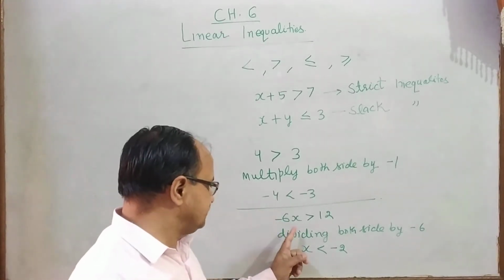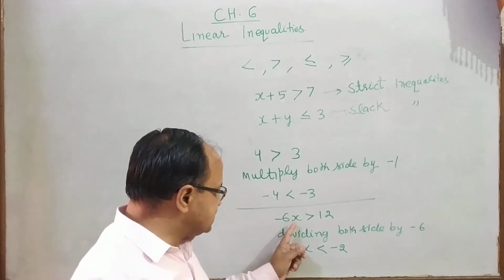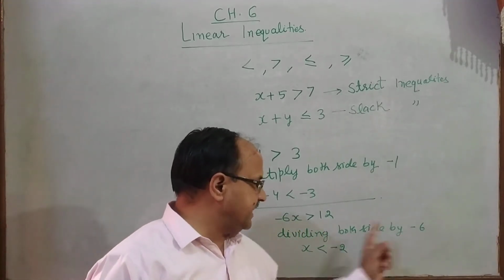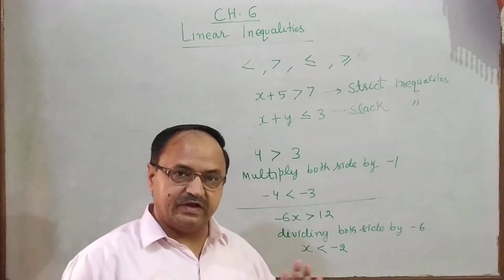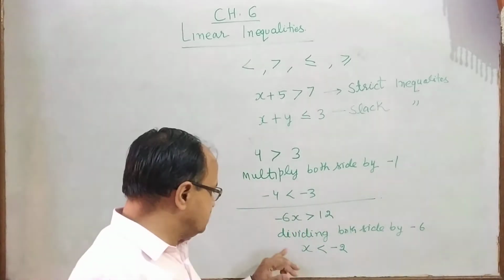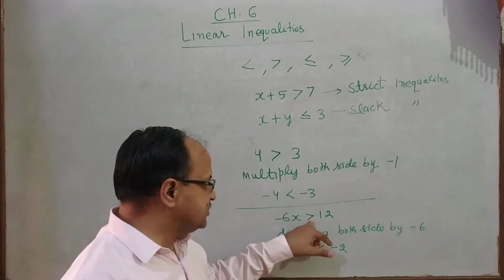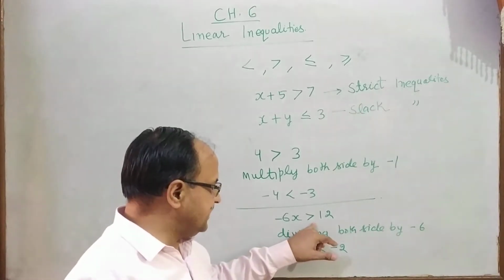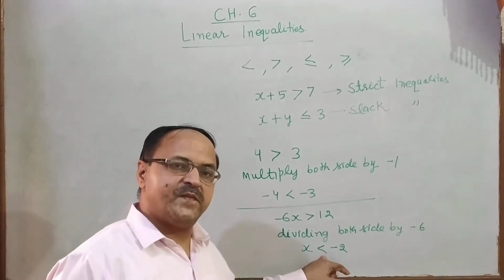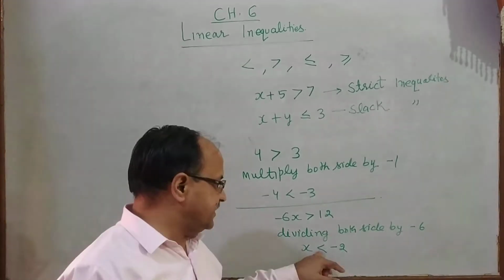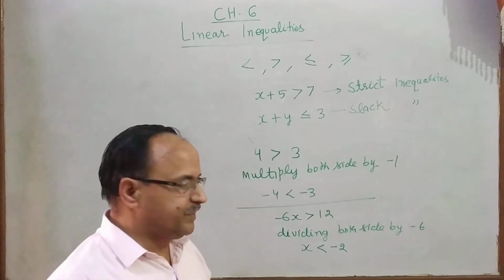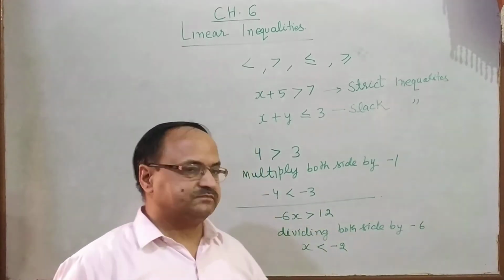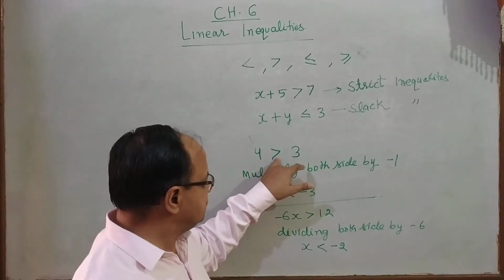Again, listen carefully. -6x greater than 12, dividing both sides by -6. When you divide by a negative sign, then this symbol will change. If it is greater, then it becomes less. Suppose if it is less, then it becomes greater. Clear? So this is the main point. When you multiply or divide both sides by a negative number, then the inequality changes. Clear?